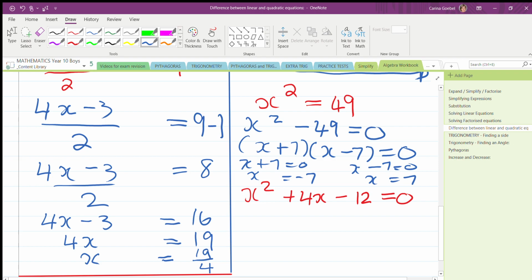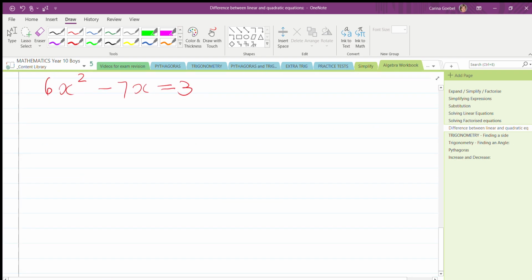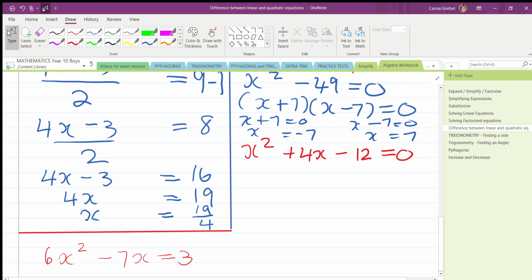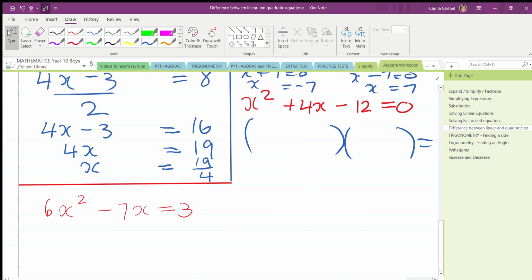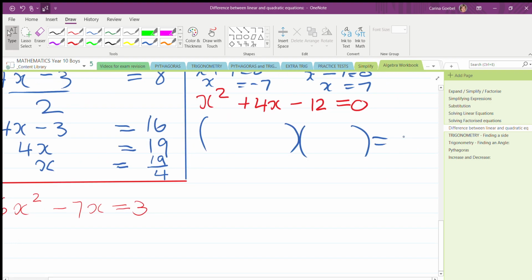Now you hopefully recognize the trinomial. It's a quadratic, right? We're going to have two brackets. You will have x and x, and if you remember to do trinomials, you find the factors of 12, minus them to give you 4.